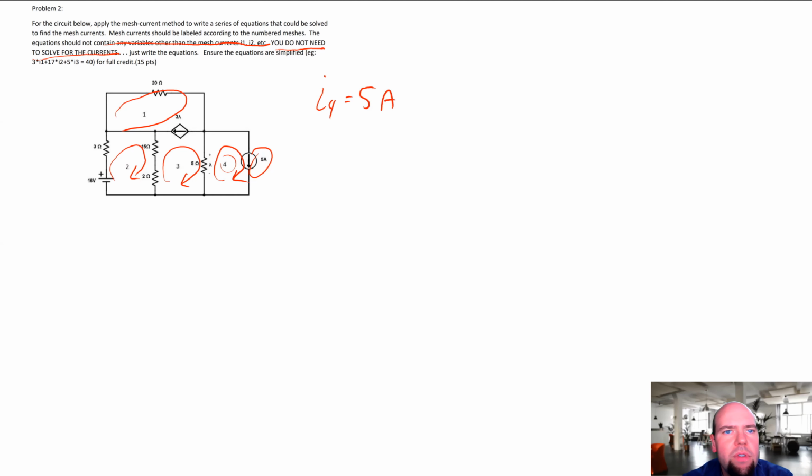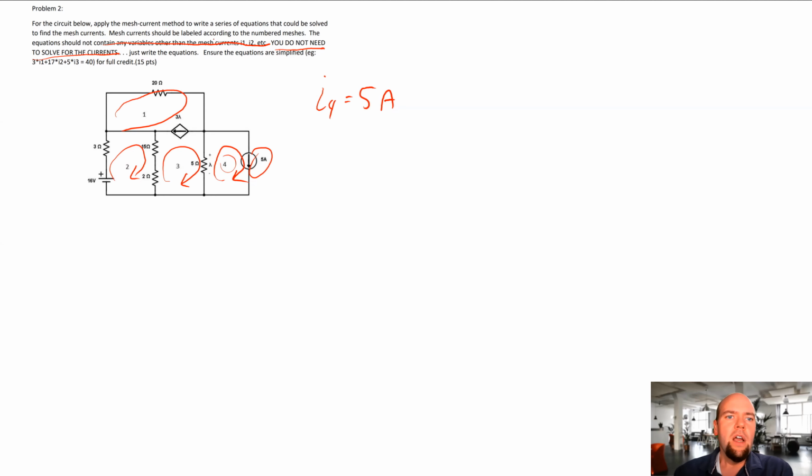Technically it says you have to write a series of equations. So technically you could write one equation as I4 equals 5 and then just put I4s everywhere in your equations, or I'll probably just, knowing that I4 is 5, not use I4 anymore. I'll just use 5 every time there should be an I4 from here on out.